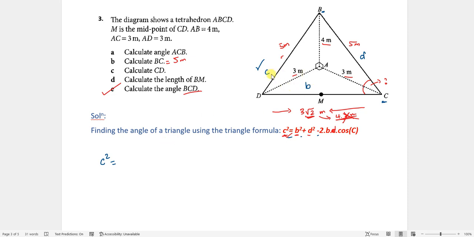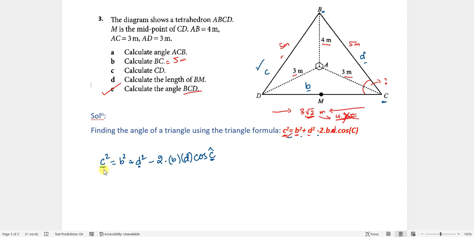The remaining are B and D. So C square is equals to B square plus D square minus 2 times, this dot represents the multiplication sign, 2 times B times D, cos angle C. I hope this is clear.